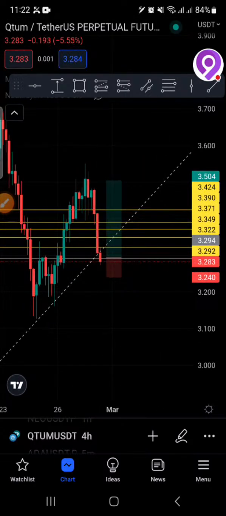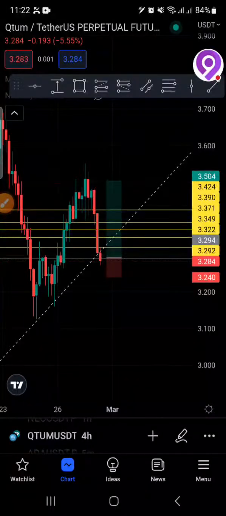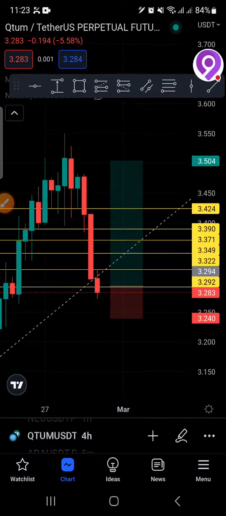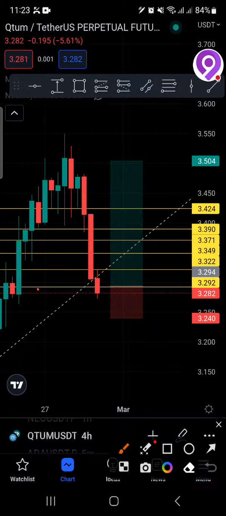So look at this. If this is 4 hours, and by 1 p.m. Nigerian time, this candle will close, you must say, okay, if this candle closes below this trend line or this horizontal line, your plan is to close this trade. You just assume that you've already lost this trade, even after all your dollar cost average.